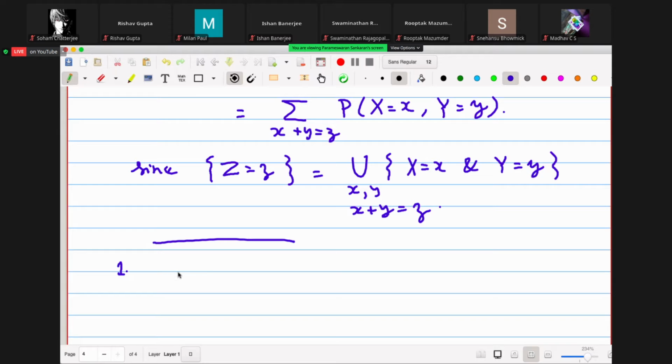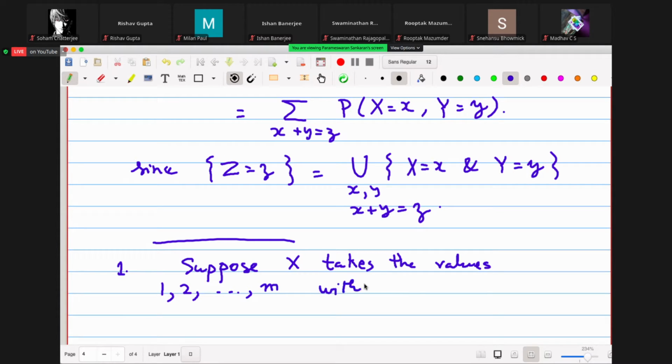All right. So the simplest example: suppose that X takes values 1, 2, 3 up to m with uniform distribution, or mass function.